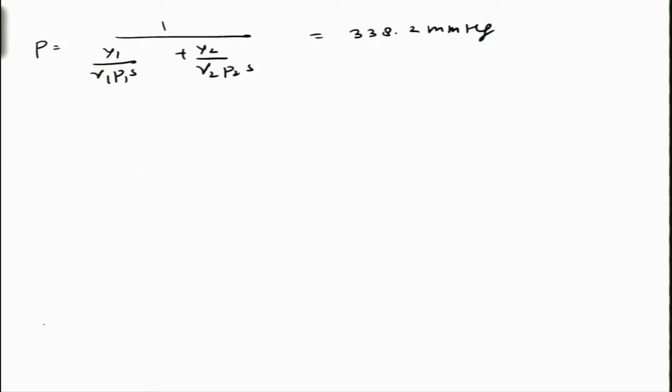So it tells you that the system pressure is greater than P dew point and less than P bubble point. Basically it is lying in between.